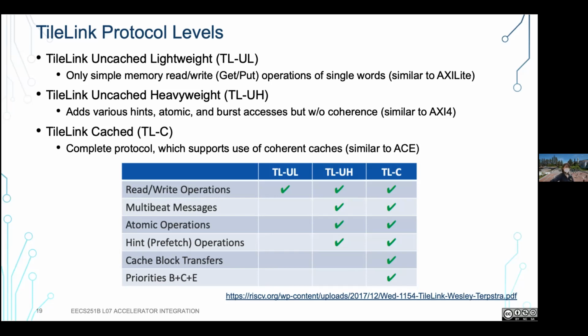Those features are more useful from a CPU point of view, and TileLink is not only for accelerator integration, it can also facilitate multi-core CPU integration. But in the accelerator context, it's still not coherent, but it supports bursty traffic.